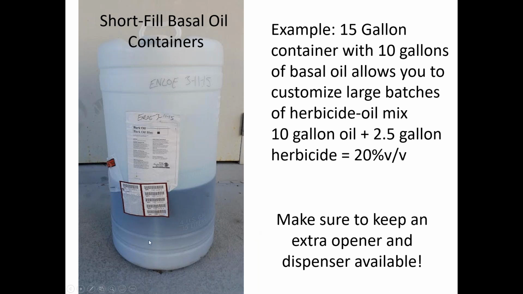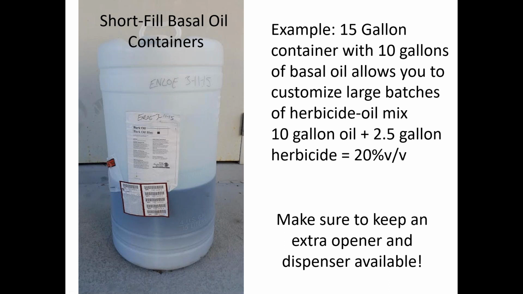Now, when you're using these short fills, a couple of important things. Number one, they're pretty darn heavy because you're dealing with 10 to 15 gallons of liquid oil herbicide mix. So just recognize that there's some weight to it, and shaking those up can be a real pain. Number two, make sure you keep the openers around. These things typically have a nice little key type opener at the top.